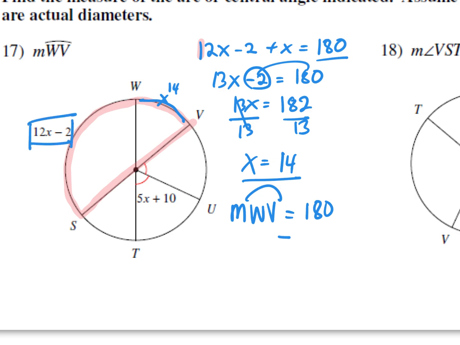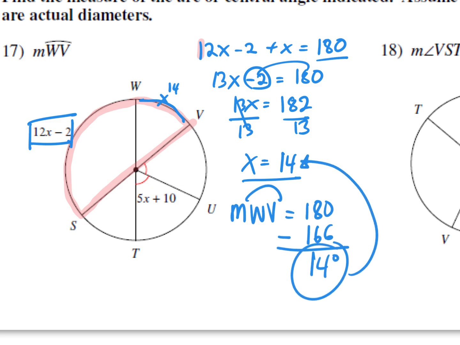Let's put in the value of 14 here. 12 times 14 is going to give you 168 minus 2, which gives you 166. 180 minus 166 is going to give you 14 degrees. This confirms our answer here.